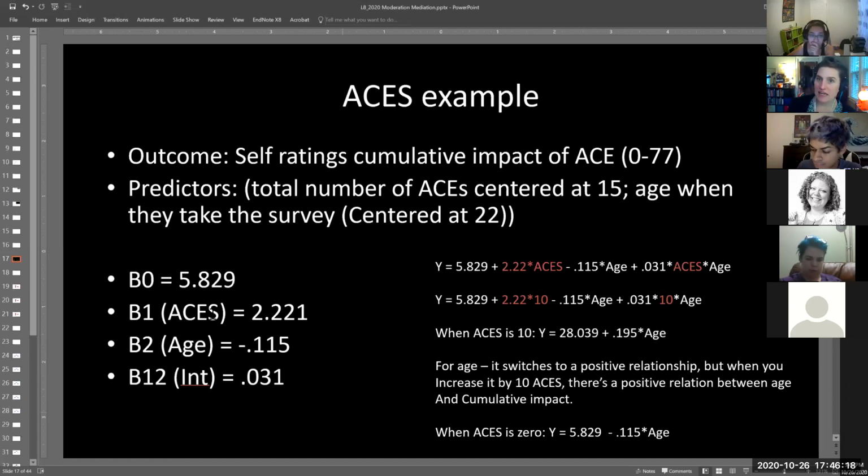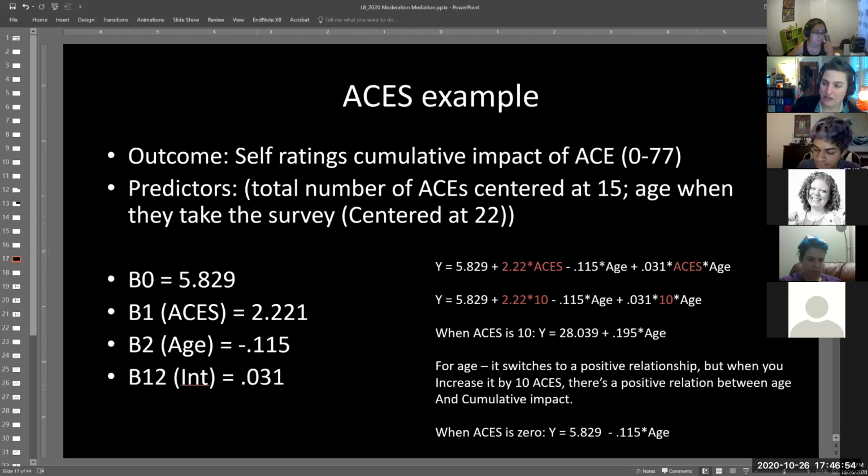In this case, what I can say is that as age goes up, the slope of ACEs, 2.22, is going to increase by 0.03 for every unit of age. I can do that because if I look at how the equation works, if I plug in 1 for age, then I'm going to add in this interaction term.